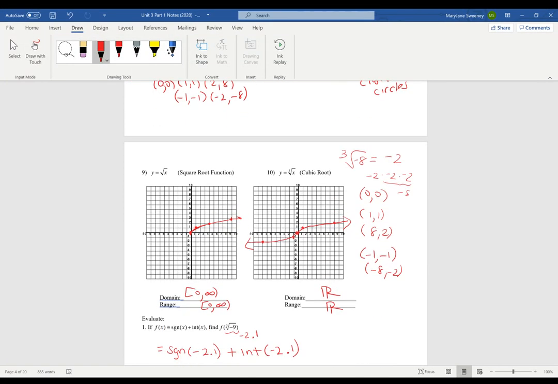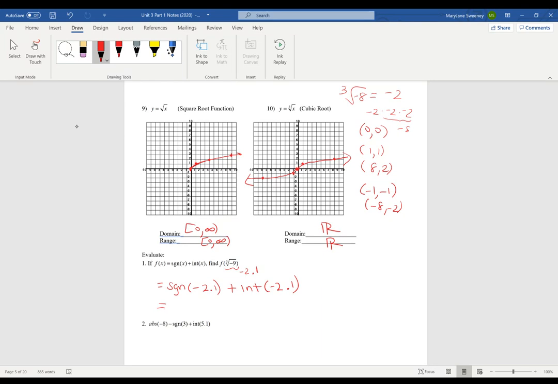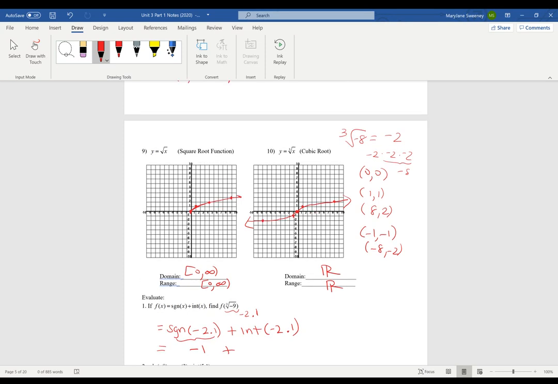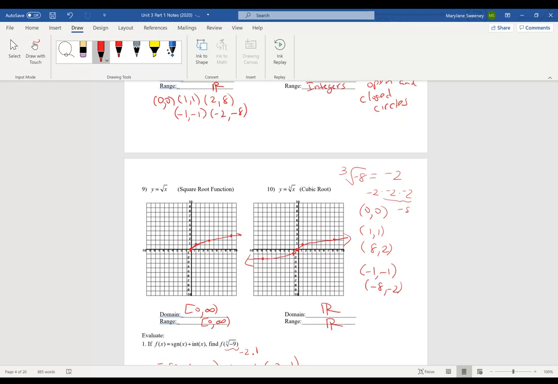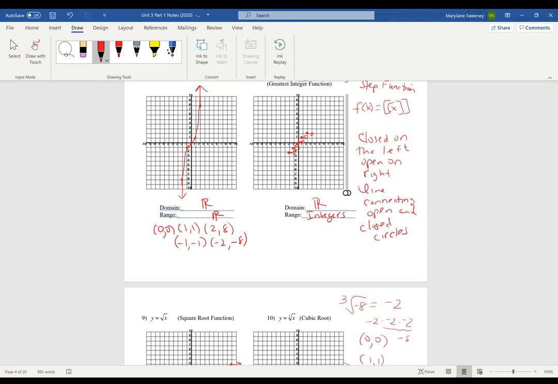So signum of anything negative is negative 1. Now for INT of negative 2.1, we are going to go to the next integer to the left.